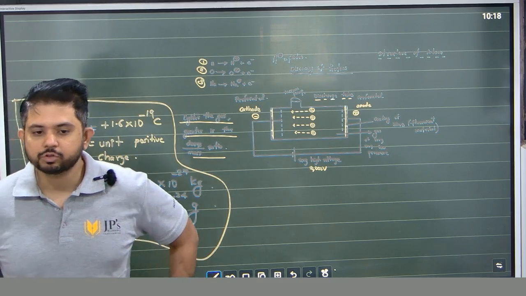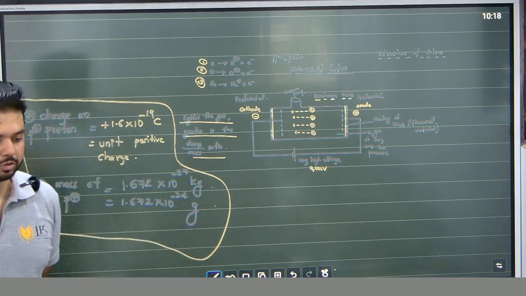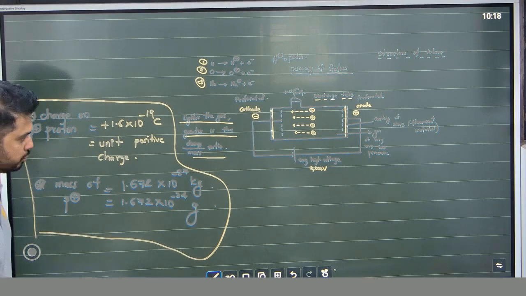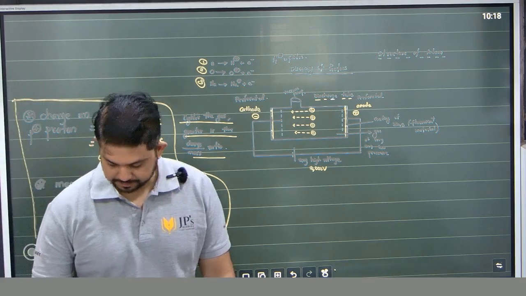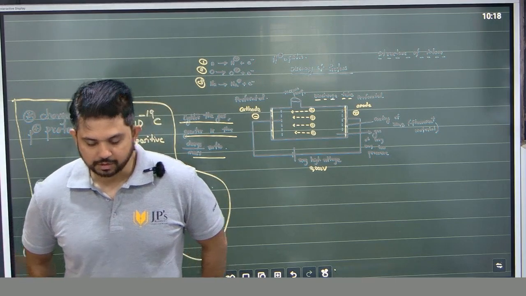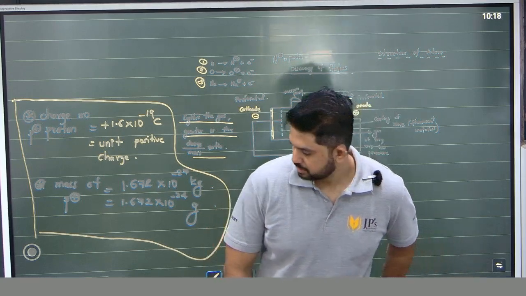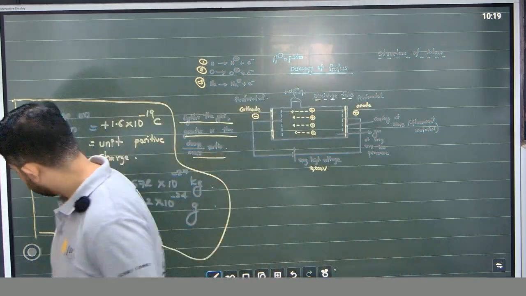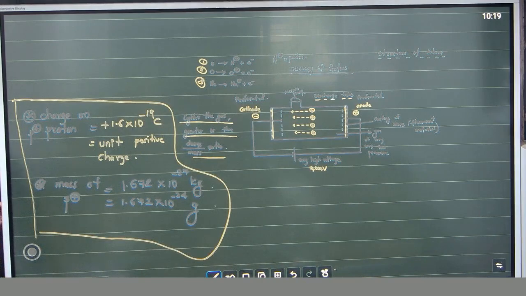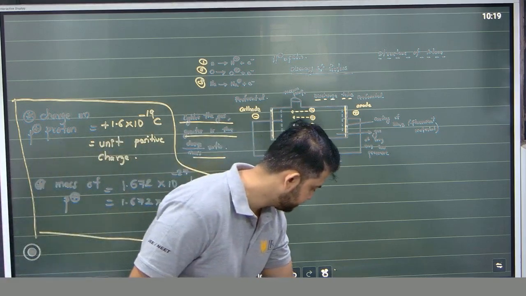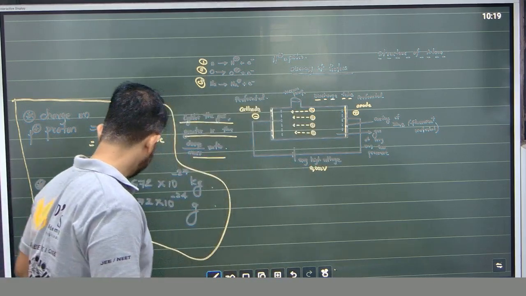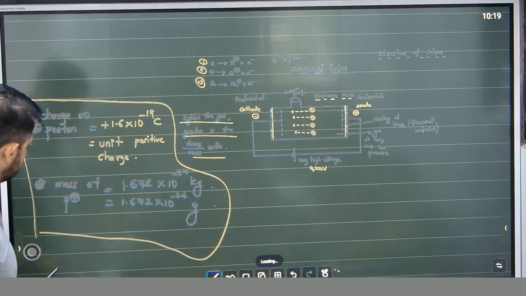Okay people, so this was the discovery of the proton. So we have discovered two fundamental particles. Give me the one fundamental particle which is left. The neutron. Now, why are they called neutrons?